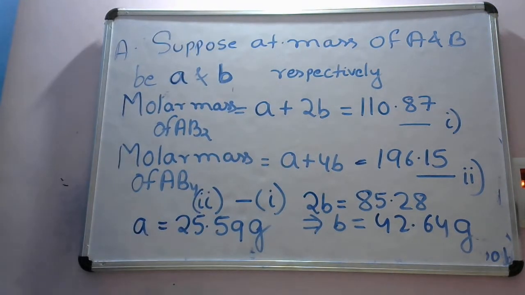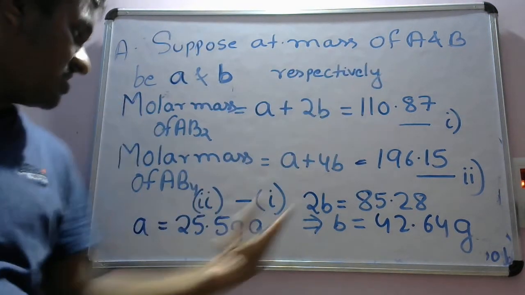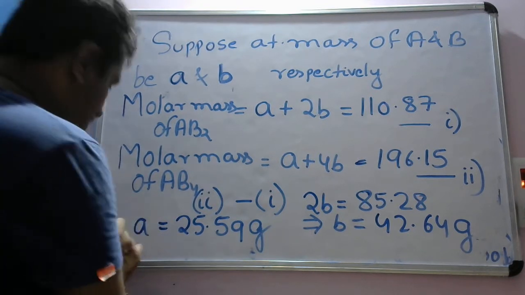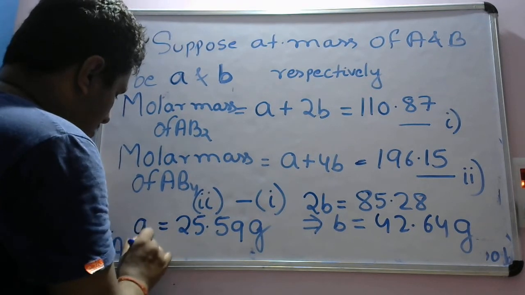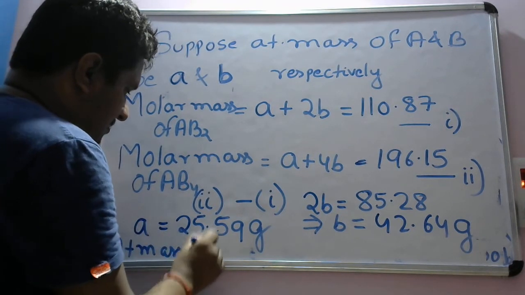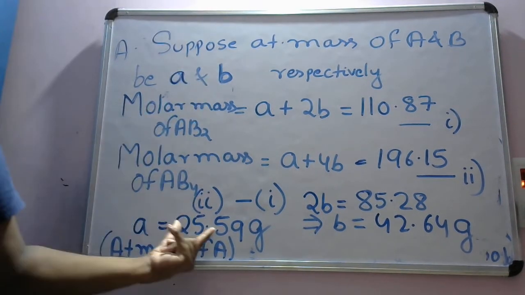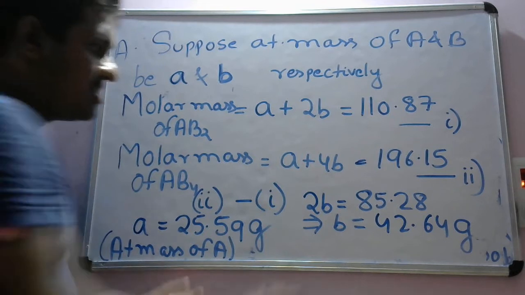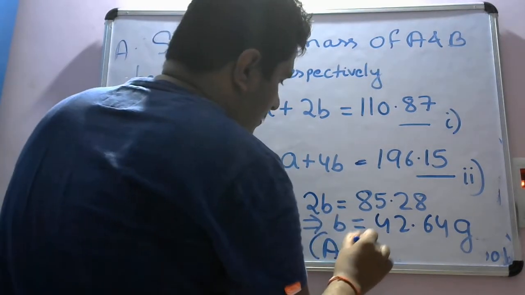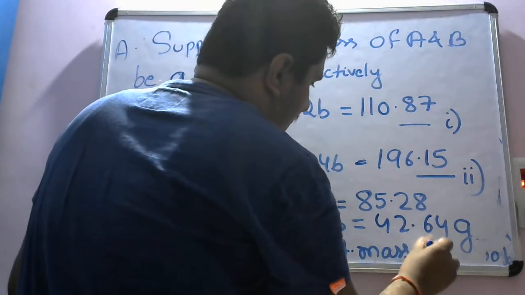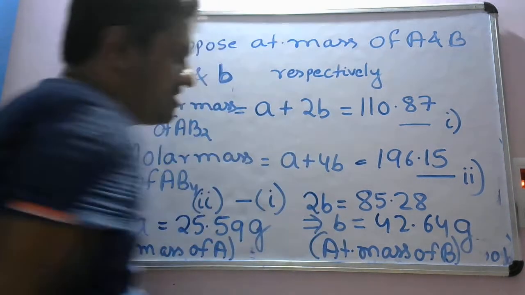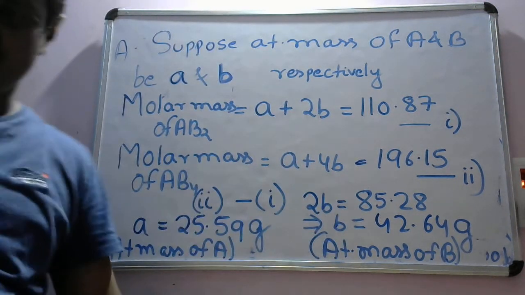So we got the atomic mass of capital A, that is small a, to be 25.59 grams, and small b, the atomic mass of capital B, to be 42.64 grams.